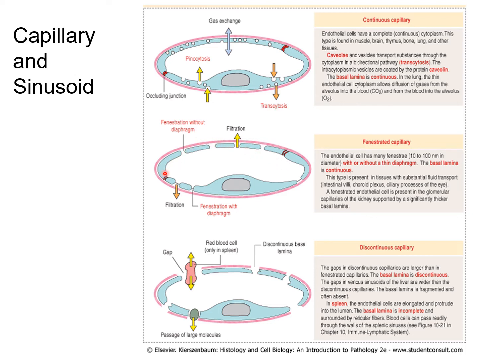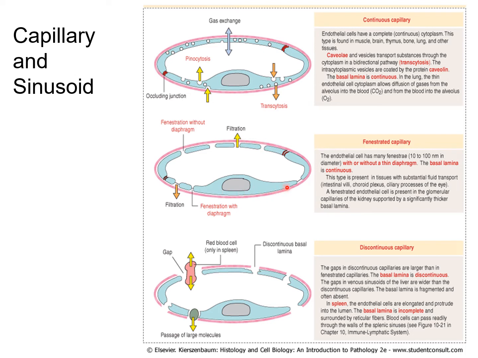Fenestrated capillaries. There are gaps in the endothelium. In the cytoplasm of the endothelium, there are certain areas where the plasma membrane are very close. Junctional complexes are there, and these gaps are lined by diaphragms. Basement membrane is there.